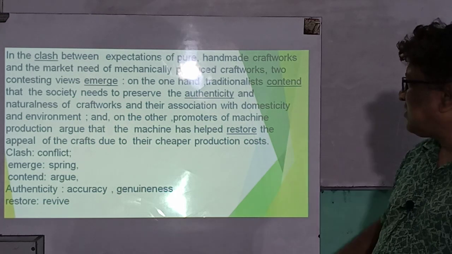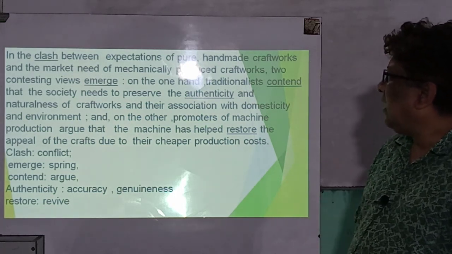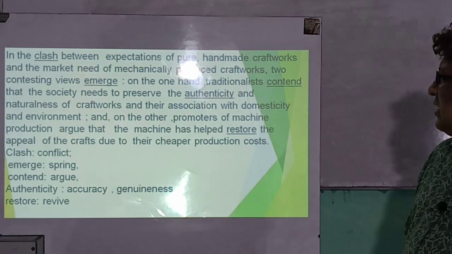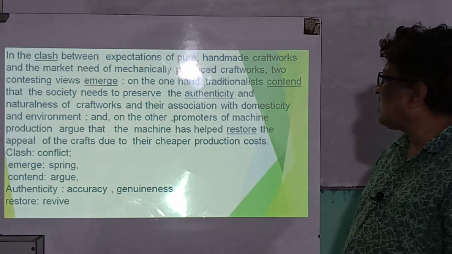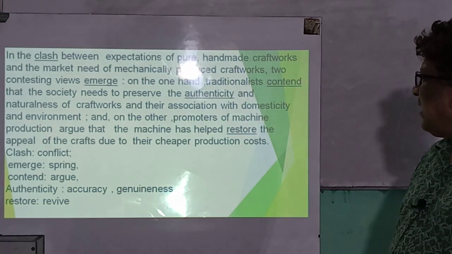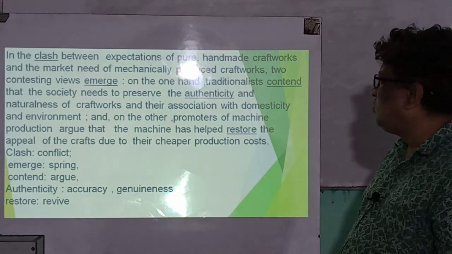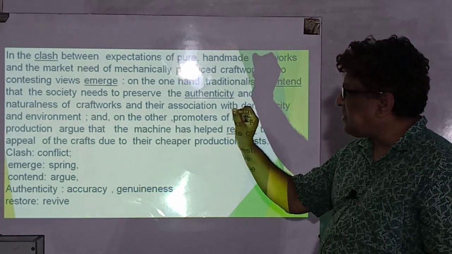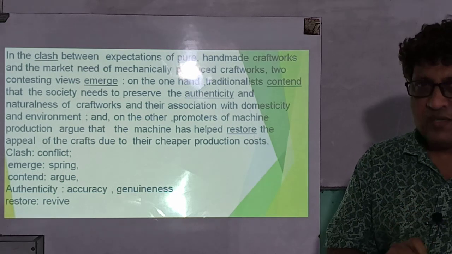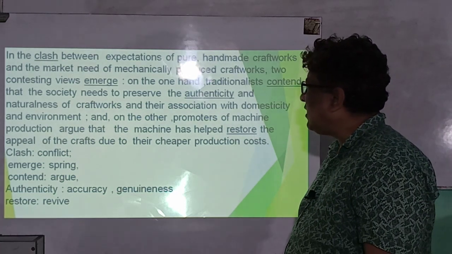Restore means revive. So, in the clash, in the conflict between expectations of pure handmade craftworks and the market need of mechanically produced craftworks, two contesting, means opposing, two opposing views emerge.